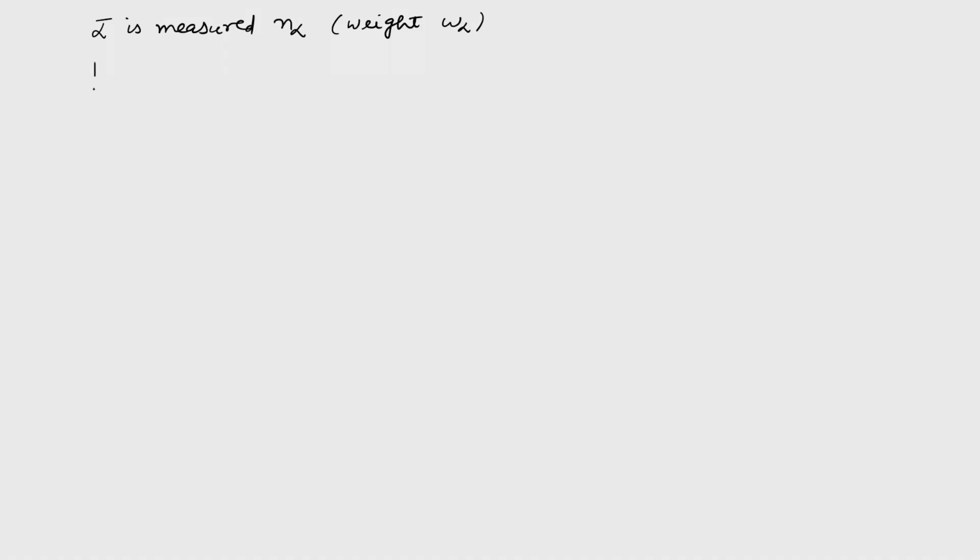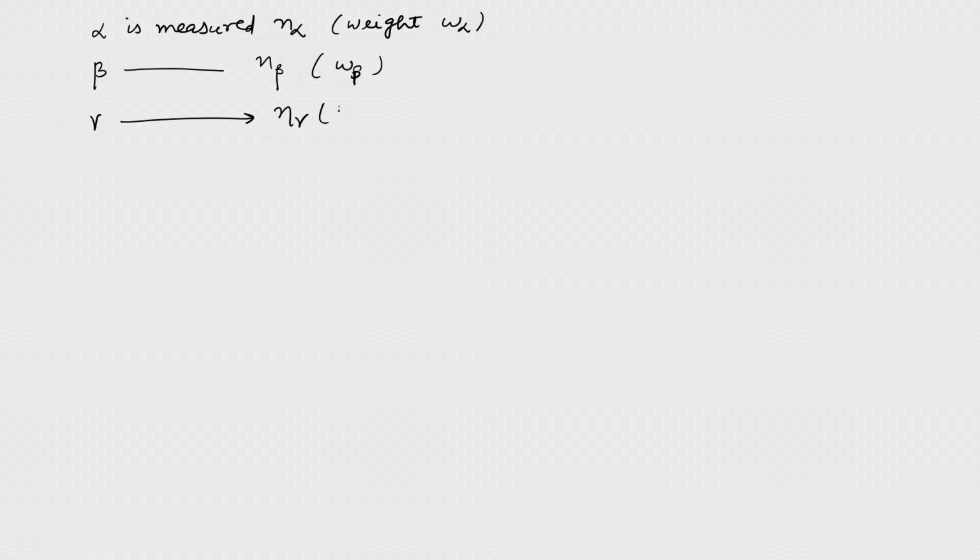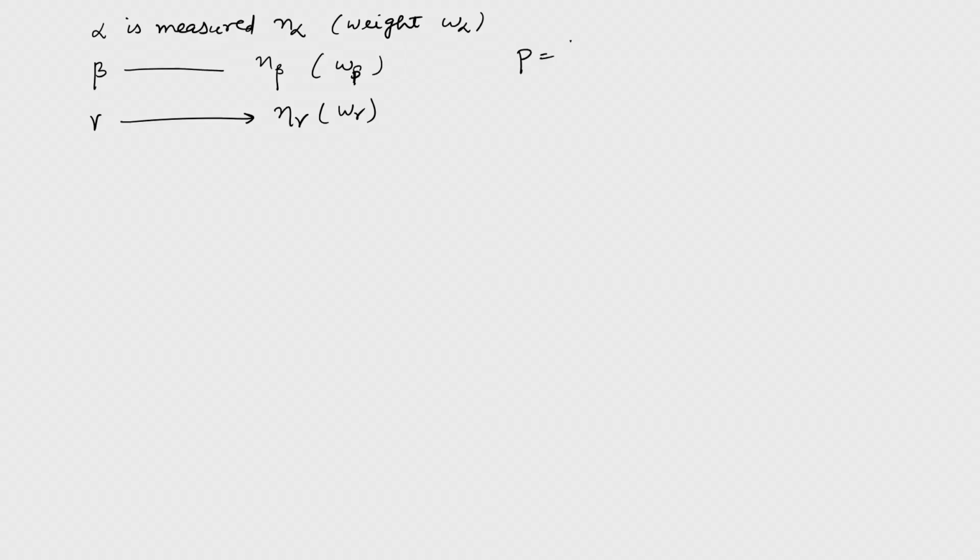Similarly, beta bar is measured n beta times, so it has a weight W beta, and gamma is measured n gamma times, so it has weight W gamma. What will happen if I have weights? That means my weight matrix is like this.